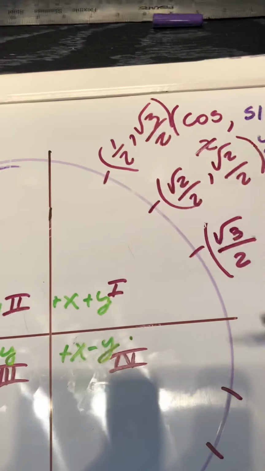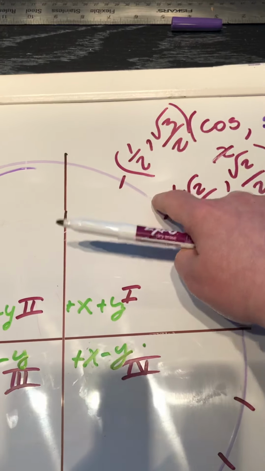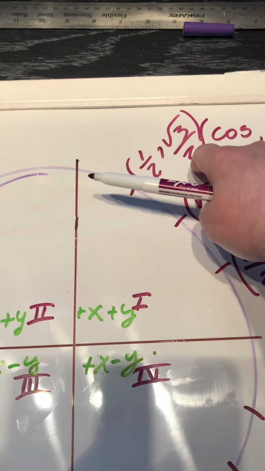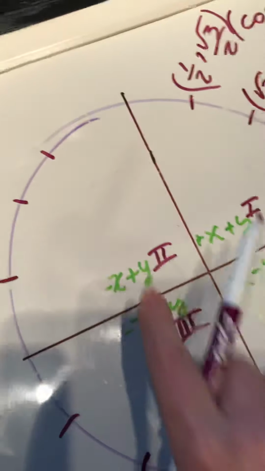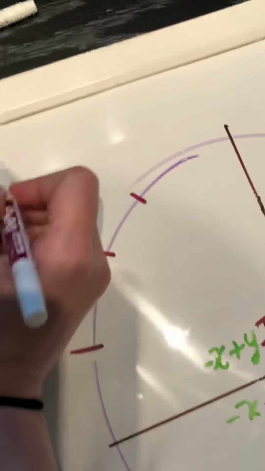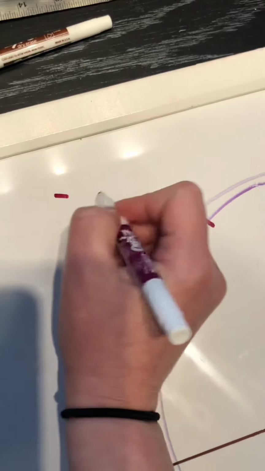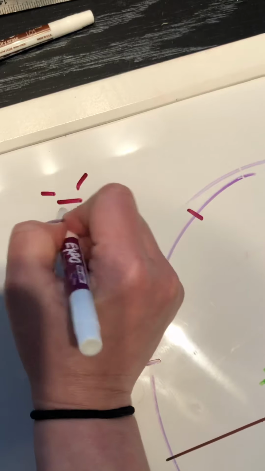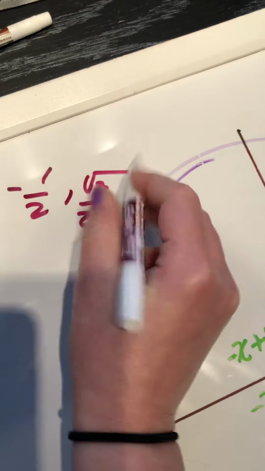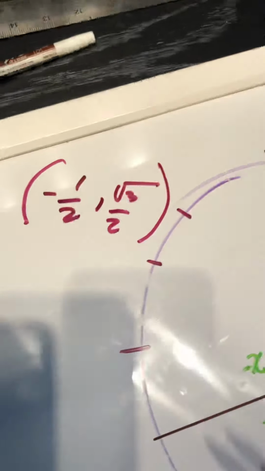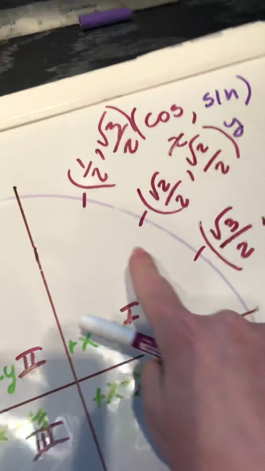If here I have 1/2, square root of 3 over 2, here I'm gonna copy exactly the same, but now because x is negative, it's gonna be negative. So I'm gonna have negative 1/2, comma, square root of 3 over 2. Boom, super easy, see? So the value on the center is always gonna be the same thing.